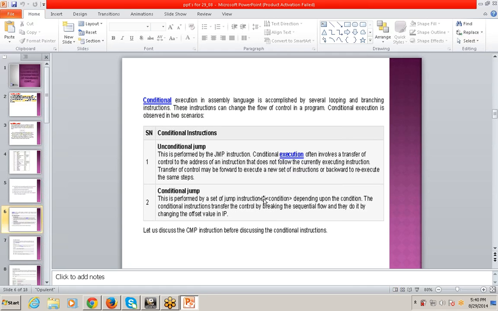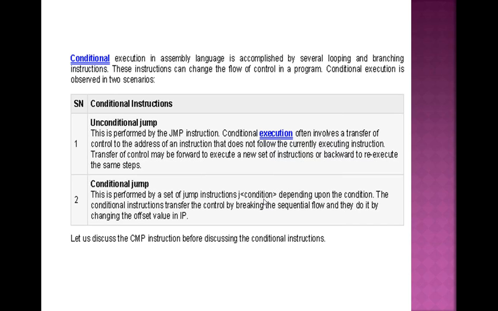Now let's discuss conditional as well as unconditional jumping. First of all, this is conditional execution in assembly language. It is accomplished by several looping and branching instructions. There are 2 types of execution, conditional as well as unconditional.